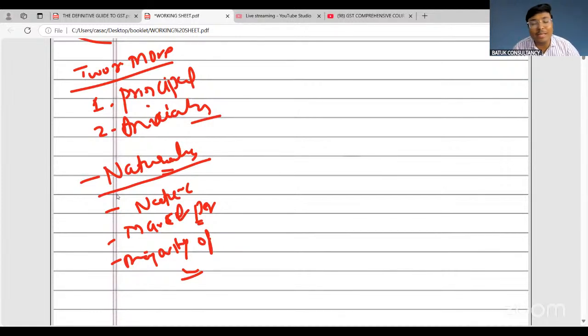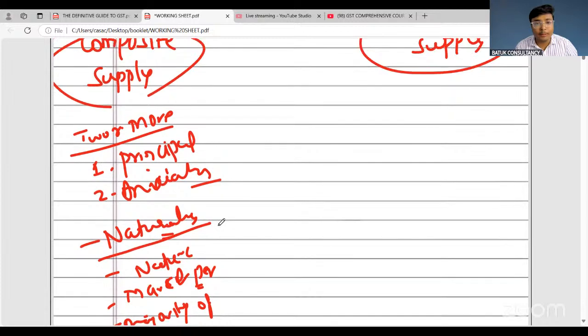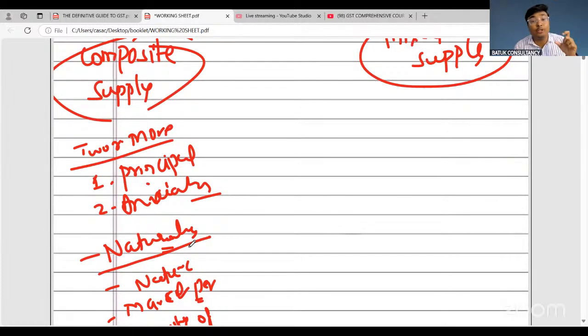Now what about the mixed supply? The government said that a particular supply which is not a composite supply will be treated as a mixed supply. Sir, toothpaste and toothbrush is not a composite supply because they are not naturally bundled.